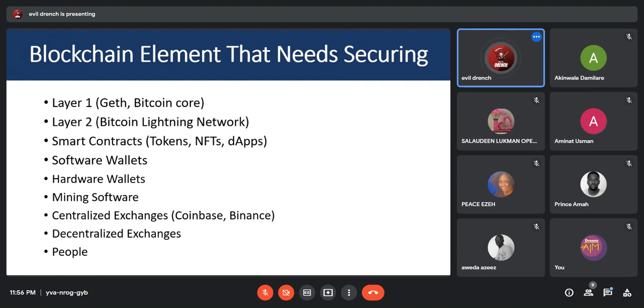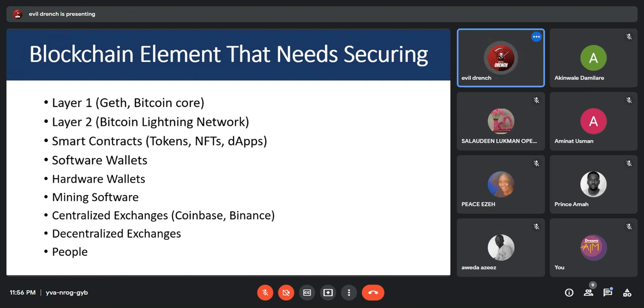So we have smart contracts, which is what we are going to be putting our focus on in the course of this web series, right? They are programs that automatically execute, deployed to the blockchain, once defined conditions are met. So we have our token, our NFT, our decentralized application, and our software wallet, right?